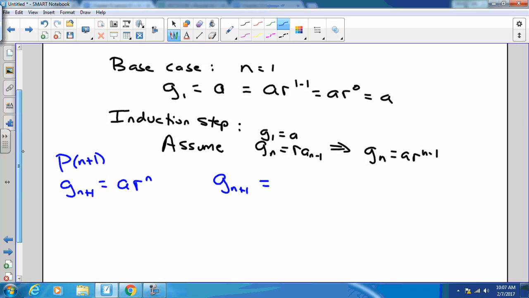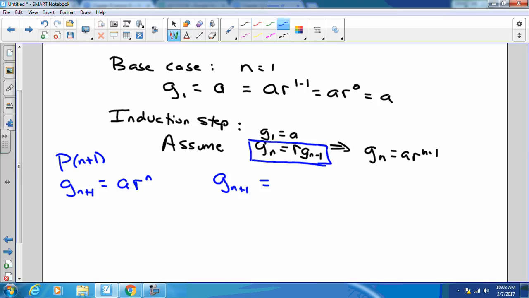And the second thing is my recursion relation right here. Oh, that was supposed to be G. Here's my recursion relation. So let's apply it to G sub n plus 1. According to my recursion relation, G sub n plus 1 should be equal to r times G sub n.